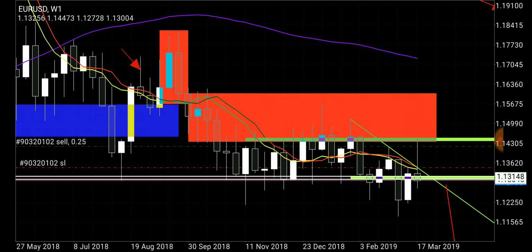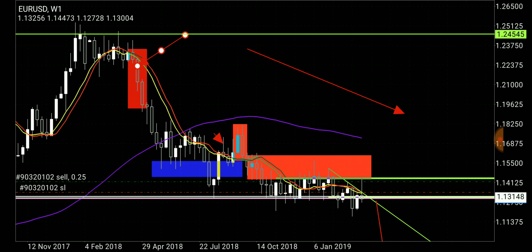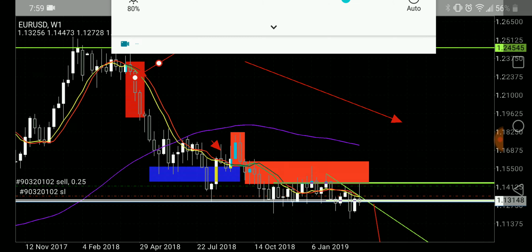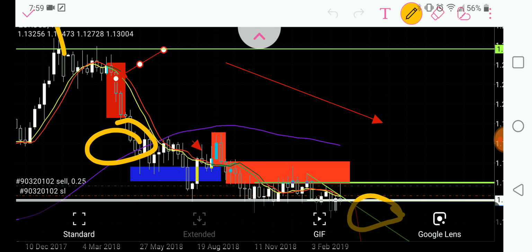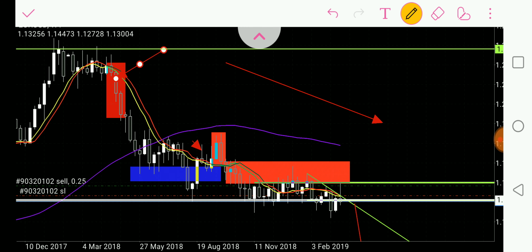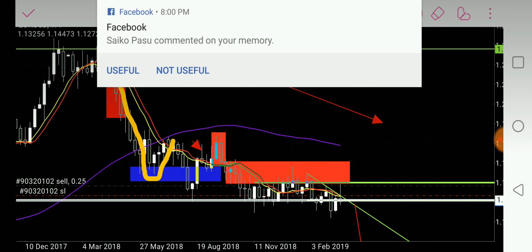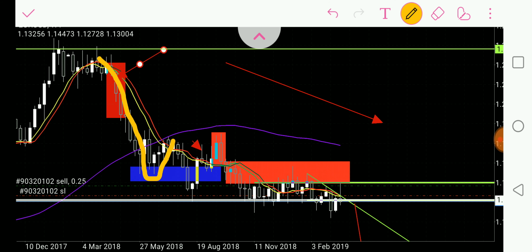If you guys don't see what's going on, I'll try to draw a line out as well. There we go. If you want to follow my finger, we had down movement, then up. When it came up, this became resistance immediately.